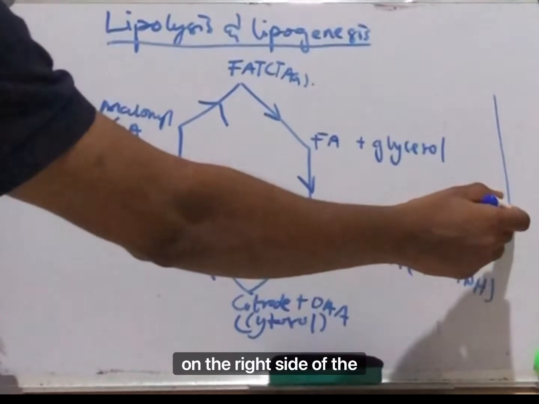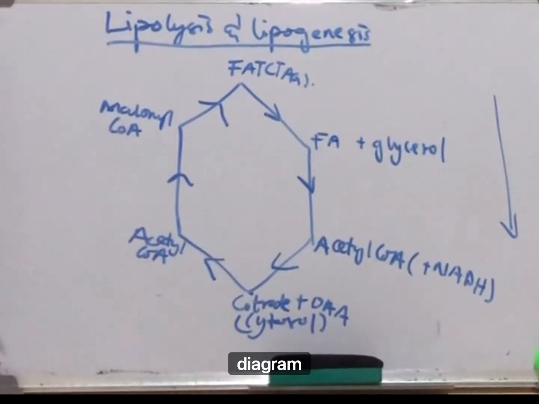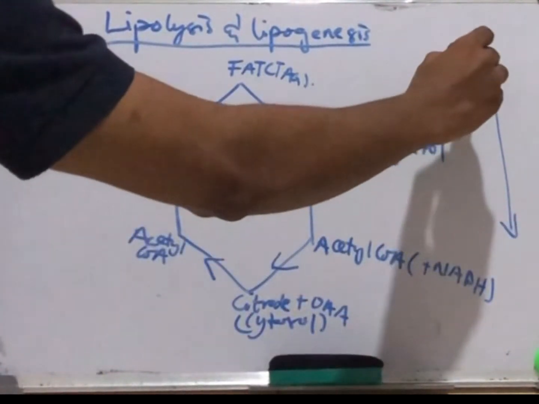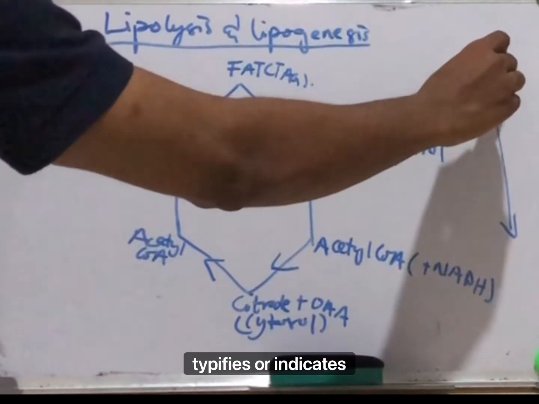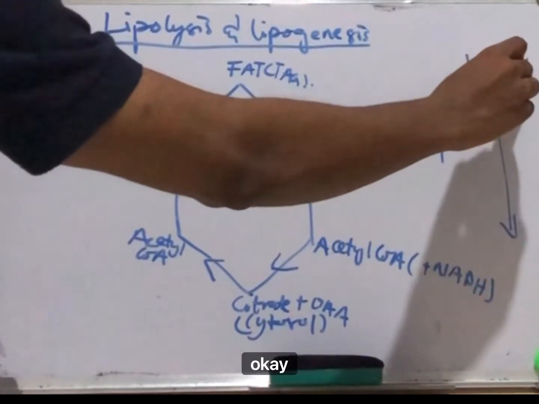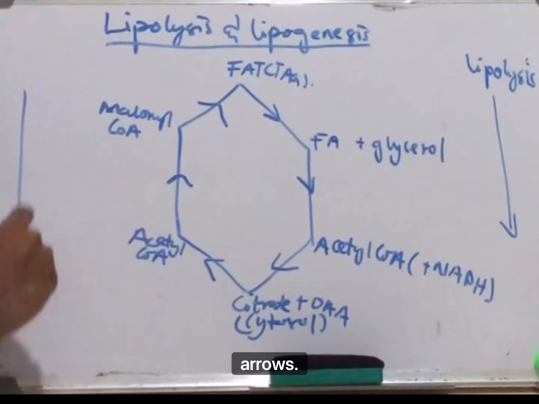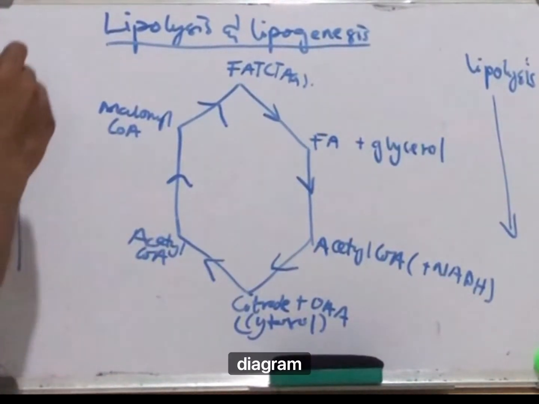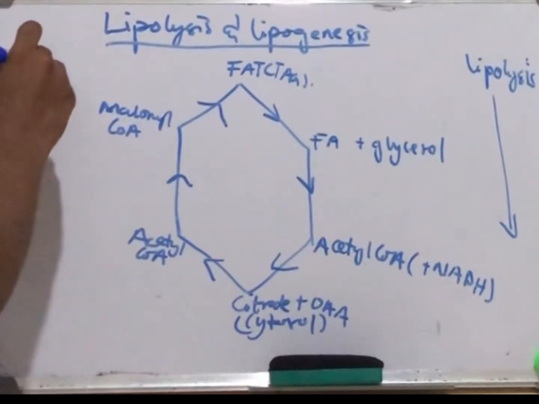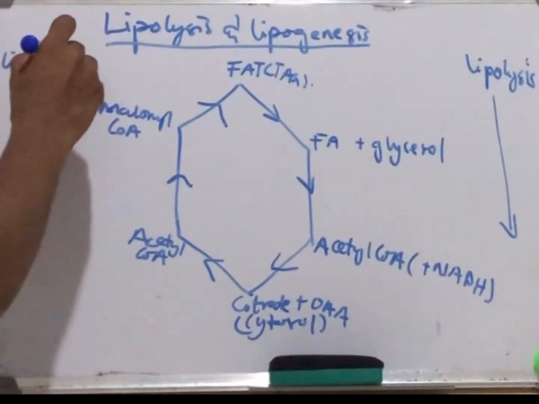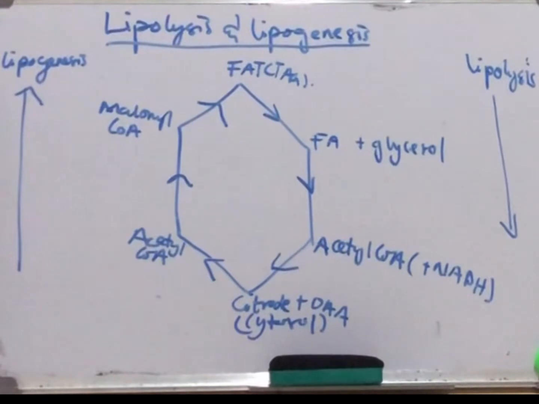The arrows on the right side of the diagram pointing downward indicate lipolysis, that is fat breakdown, and the arrows on the left side of the diagram signify fat synthesis, that is lipogenesis.